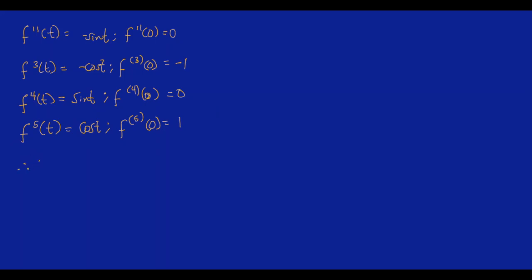Therefore, we can write our expansion for sine t as 0 plus t plus 0 minus t raised to the power of 3 divided by 3 factorial plus 0 plus t raised to the power of 5 divided by 5 factorial plus 0, then minus t raised to the power of 7 divided by 7 factorial, and it goes on like that.